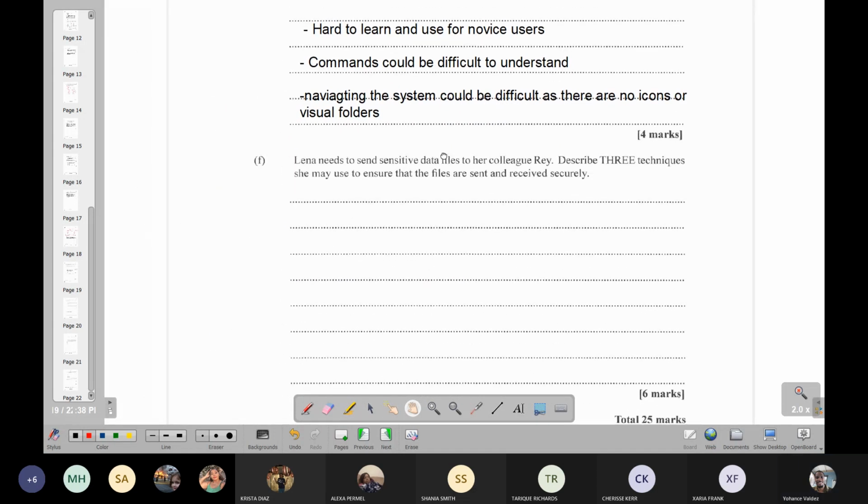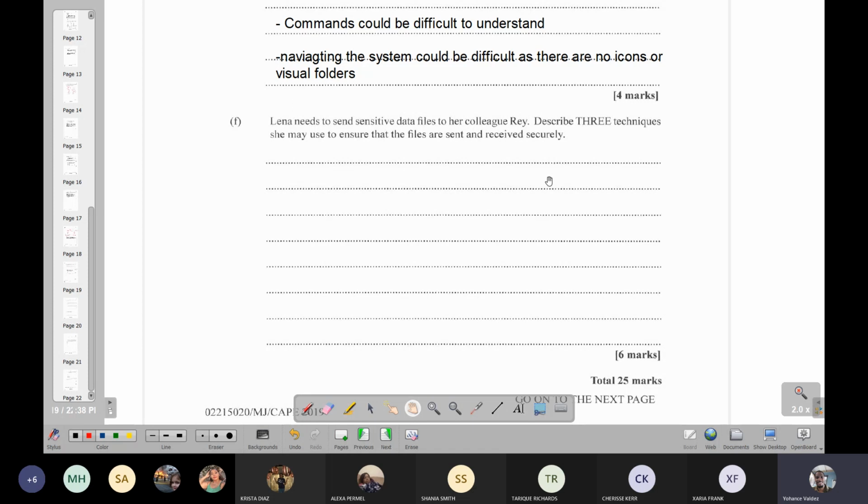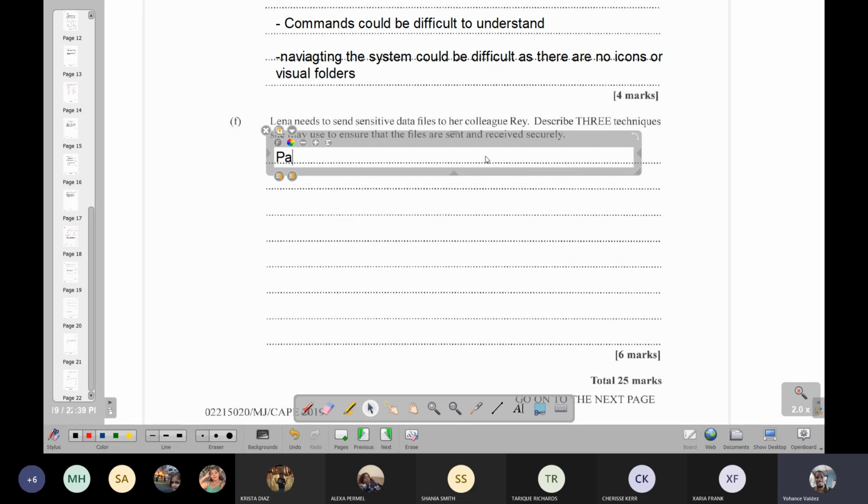All right. So Lena needs to send sensitive data files to her colleague Ree. Describe three techniques she may use to ensure that the files are sent and received securely. So three things Lena could do: one, she could password protect her files in a zipped folder.